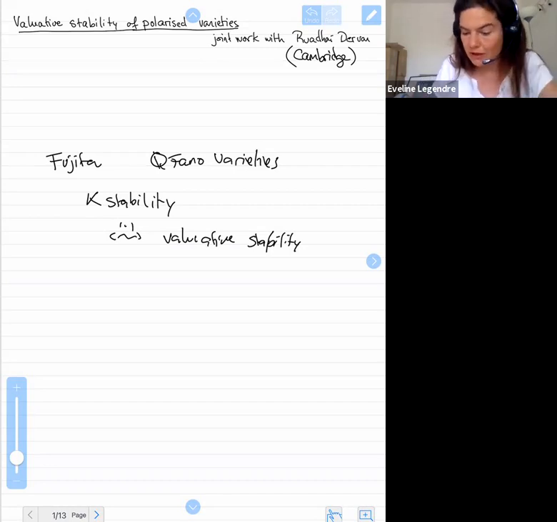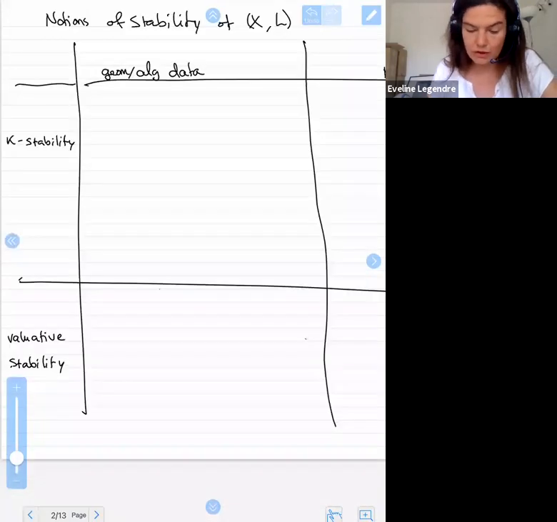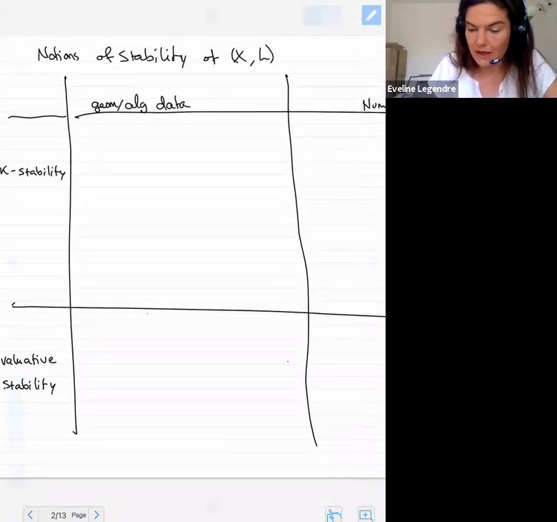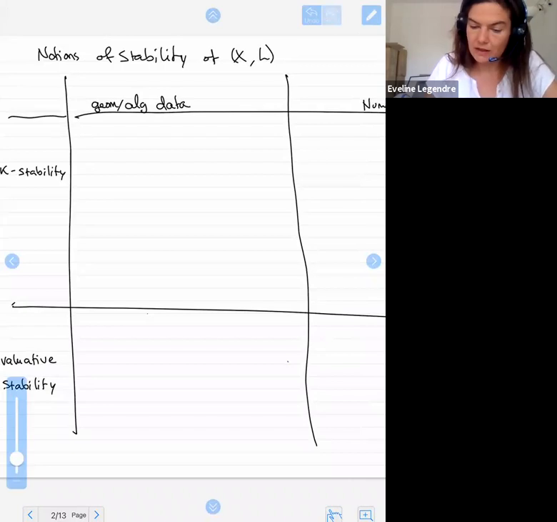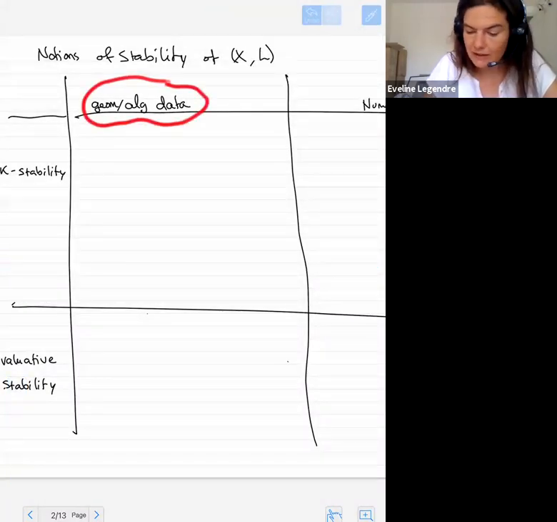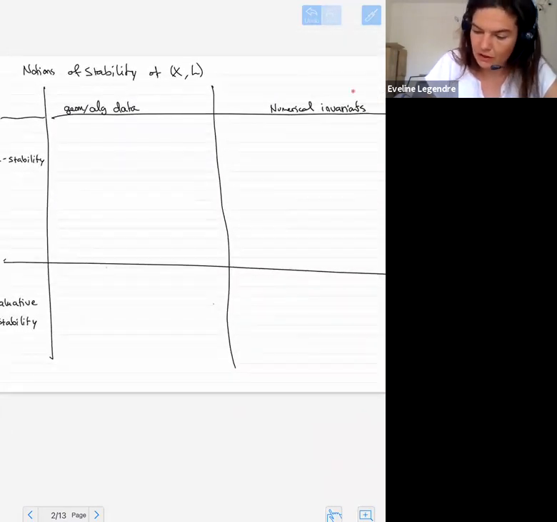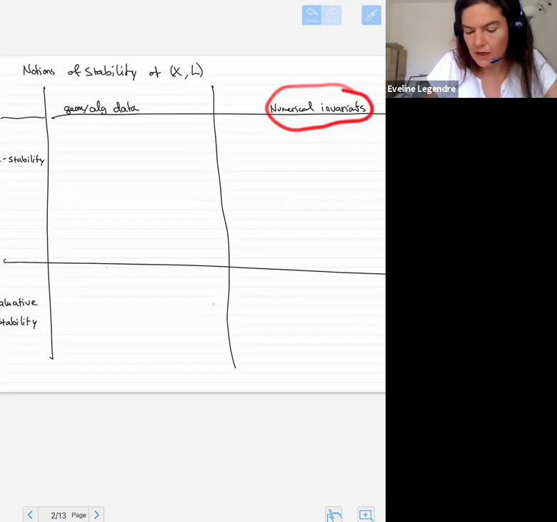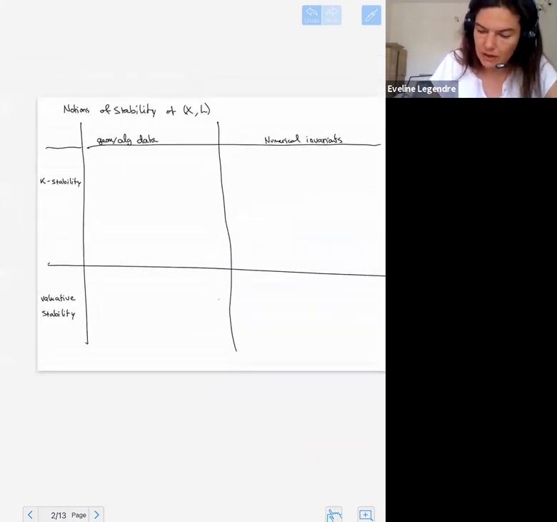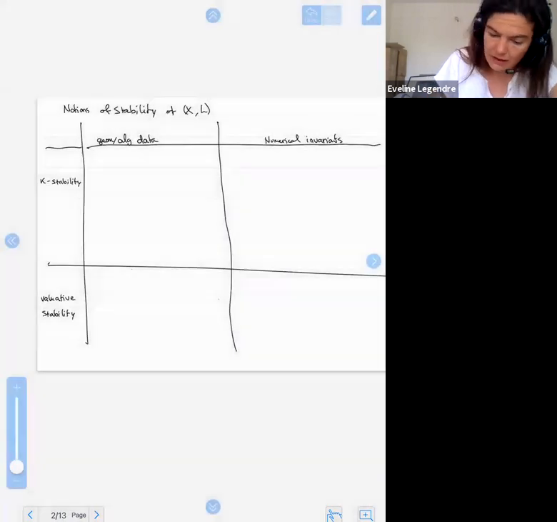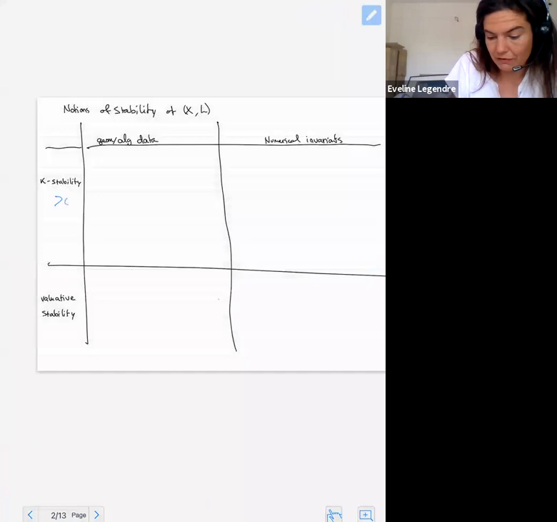Like any notion of stability in algebraic geometry, there's some geometric or algebraic data and some numerical invariant attached to it. Being stable means exactly that this numerical invariant is positive.